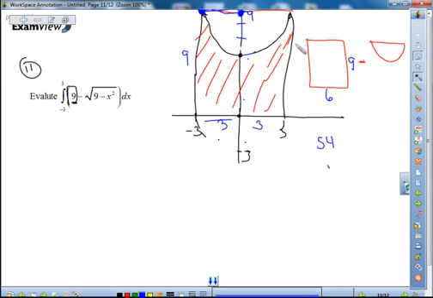The area of the circle is pi r squared, and we're dividing it by 2. So it's going to be pi times 3 squared divided by 2. So we're going to subtract that, 9 pi divided by 2. And that would be my area under the curve. So it's the big rectangle subtract the half circle.